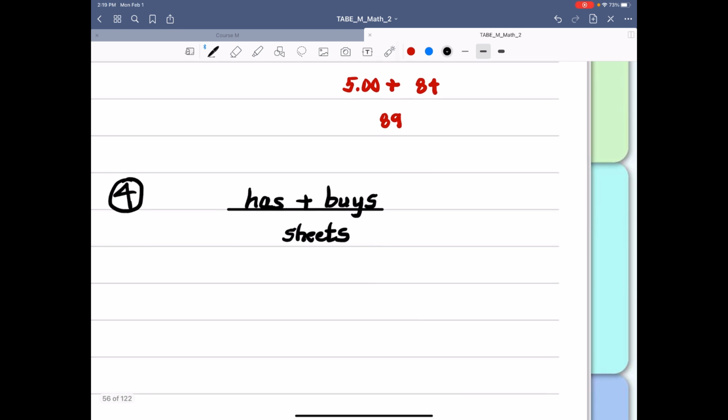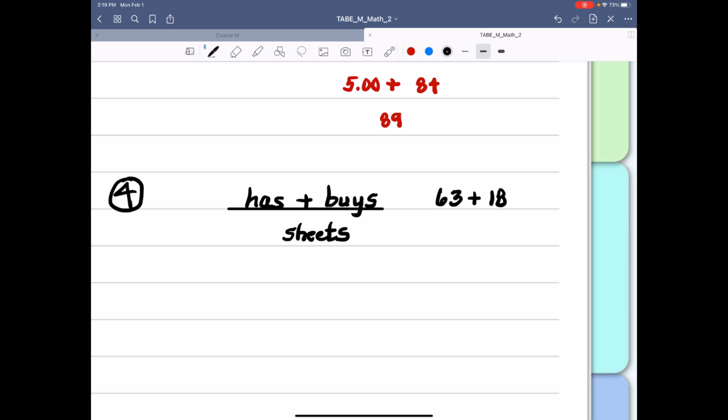So we know that he has 63. We know that he buys 18 more. So we have to do that first. And then divide by 9 cards per sheet. So on your calculator, let's do 63 plus 18.